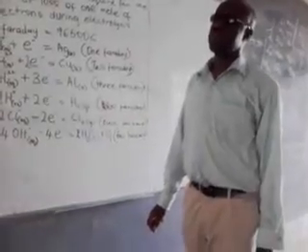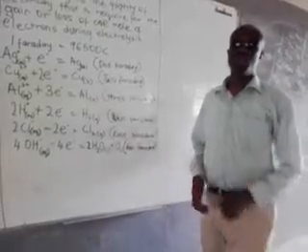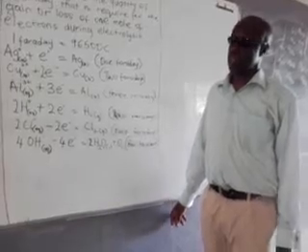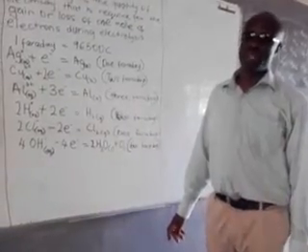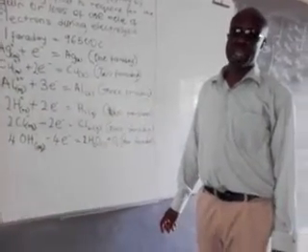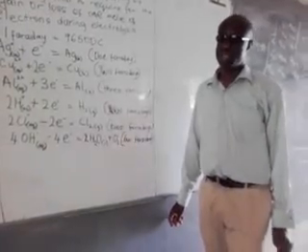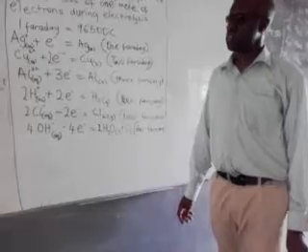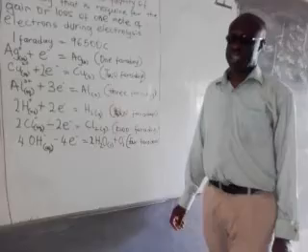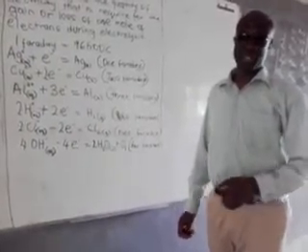So when it comes to chlorine gas, we have 2 moles of chloride ions. We lose 2 moles of electrons to give us 1 mole of chlorine gas, because chlorine is a diatomic molecule, meaning that 2 Faradays will be required for the discharge of 1 mole of chlorine gas during electrolysis.